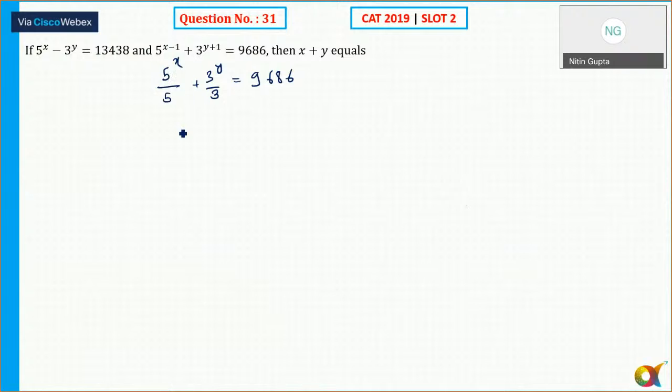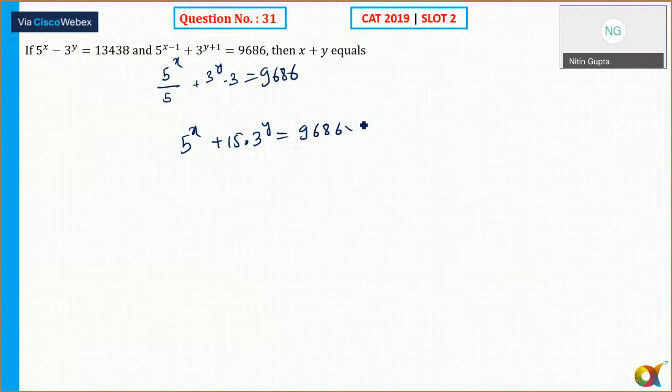So this will be equal to 3 into 5 raised to power x plus 5 into 3 raised to power y plus 1, equal to 9686 into 15. 3 raised to power y plus 1 is equal to 3 raised to power y into 3.